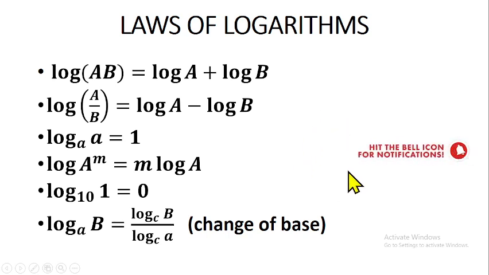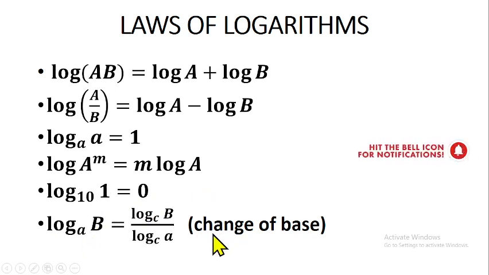Logarithm of 1 base 7 is 0. So when you have the logarithm of 1 base anything, it's going to give us 0. Because if I have logarithm of 1 base 7, how many times can I raise 7 to give me 1? Is it not 0 times? So that is another law for you.